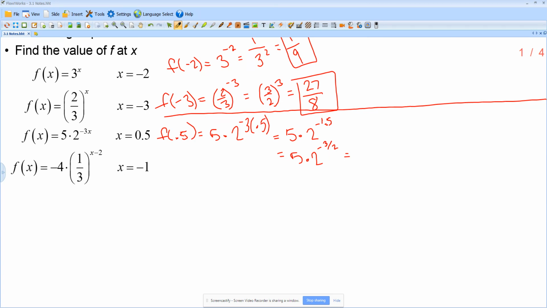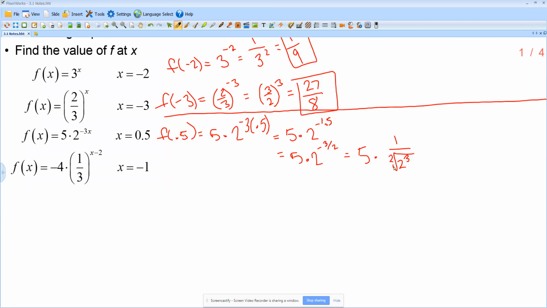So this is going to give me 5 times 1 over, because this negative pushes me into the denominator, 2 to the 3/2, which means I'm doing 2 cubed, but this denominator of an exponent is going to tell me what type of root I'm taking.